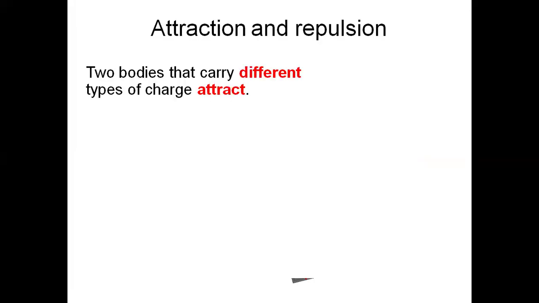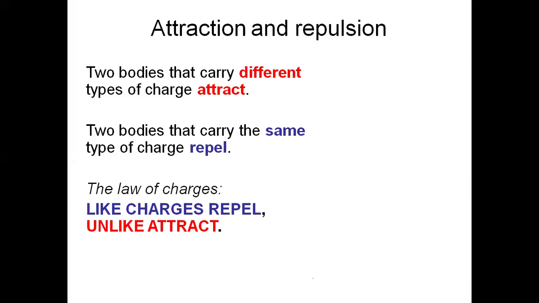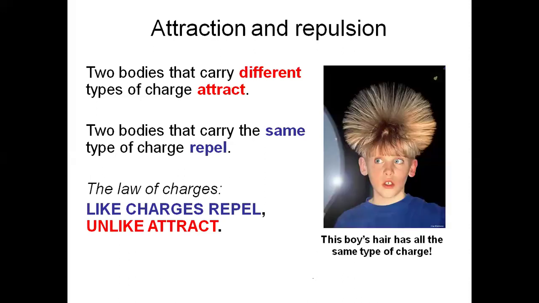In the same way, when a positively charged rod is brought close to a suspended negatively charged rod, what is observed? Attraction. It means unlike charges attract. Two bodies which carry different types of charge attract each other, and same charges repel each other. So the law of charges: like charges repel, unlike attract.